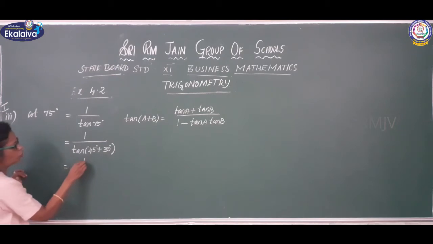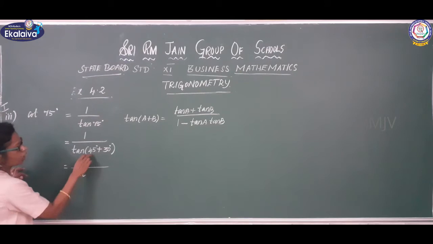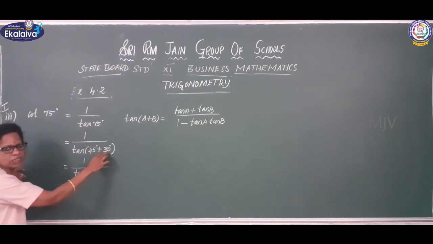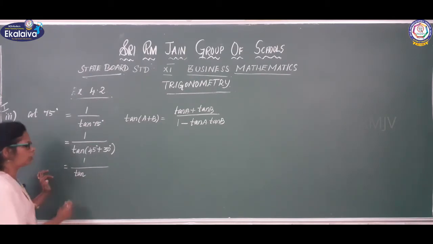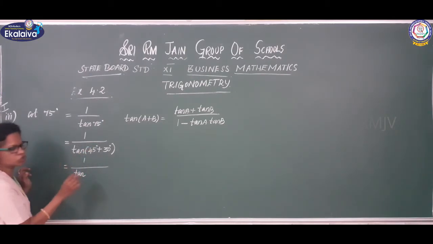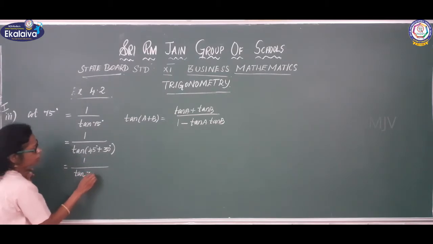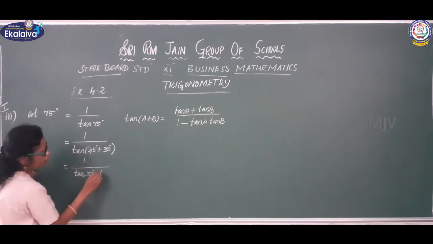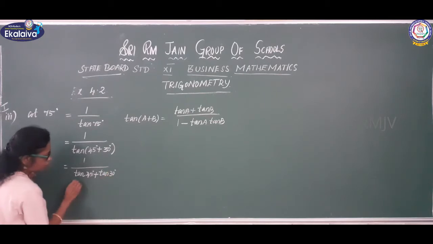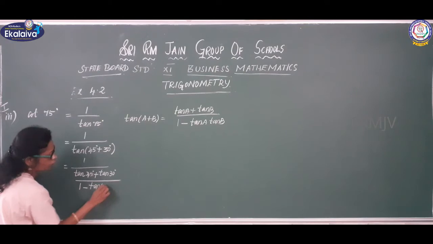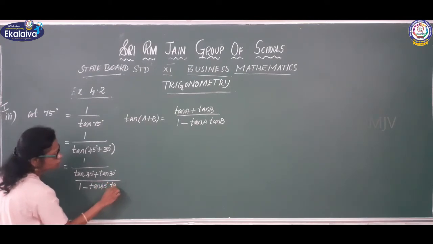Now equal to 1 divided by tan, here A is 45 degree, B is 30 degree. If you want, you write A is 30, B is 45, right? Now, the value does not change. 1 divided by tan 45 degree plus tan 30 degree divided by 1 minus tan 45 degree tan 30 degree.